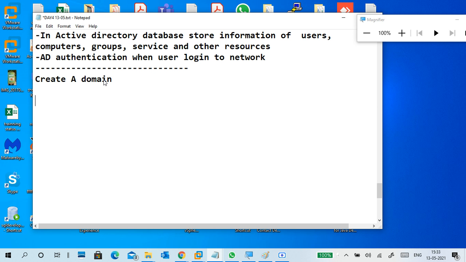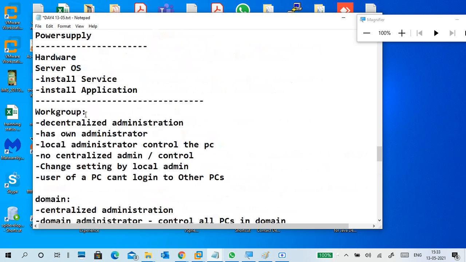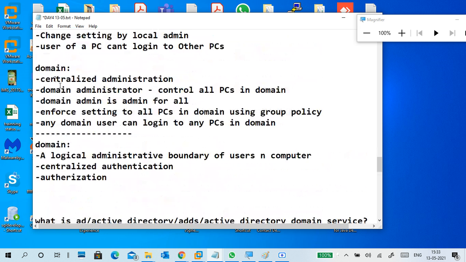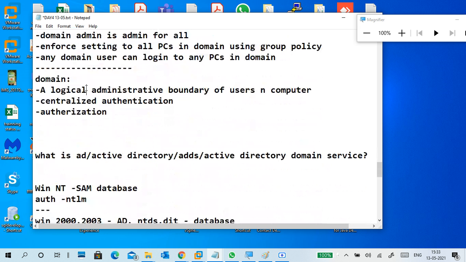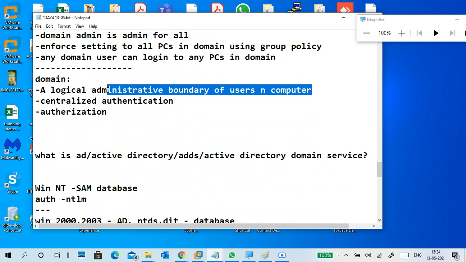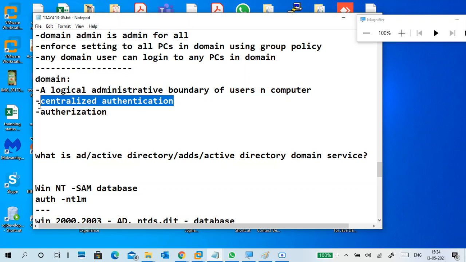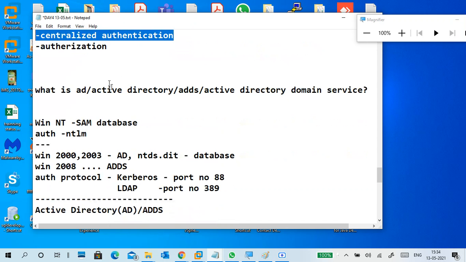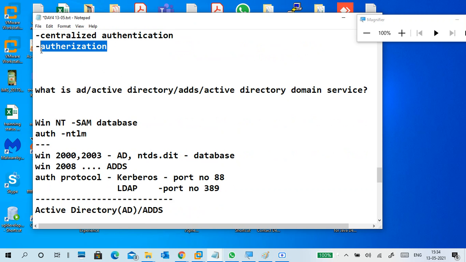We'll discuss it after this. Mostly I will discuss domain only. It's a logical administrative boundary of users and computers. It provides centralized authentication and authorization.